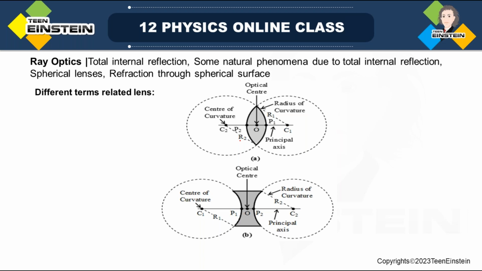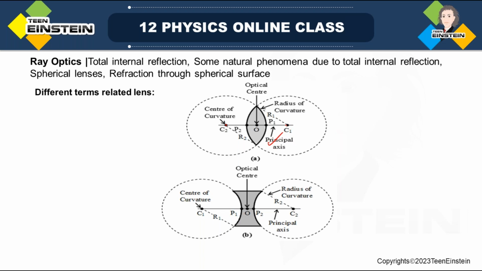As I was saying, spherical lenses are part of two different spheres. So there are two radii of curvature. These are two centers of curvature, C1 and C2. If we join these two centers of curvature and extend the line, this line is called the principal axis, similar to a mirror. Pole and focus, or pole and center of curvature, if you connect and then extend, that is called the principal axis.